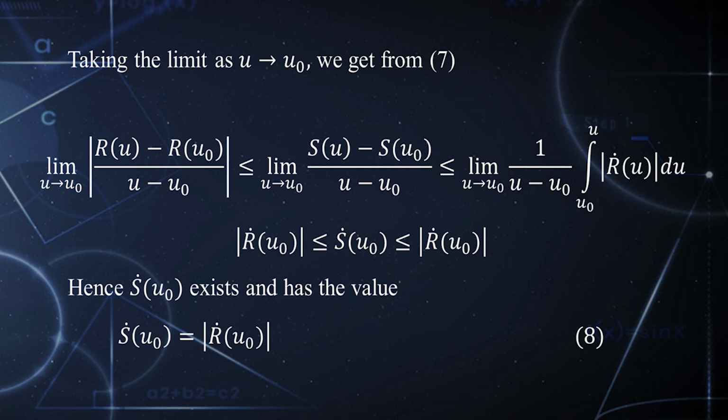Hence s dot of u naught exists. Combining both values, s dot of u naught lies between both, so that we get the result equal. Hence s dot of u naught is equal to modulus of r dot of u naught.